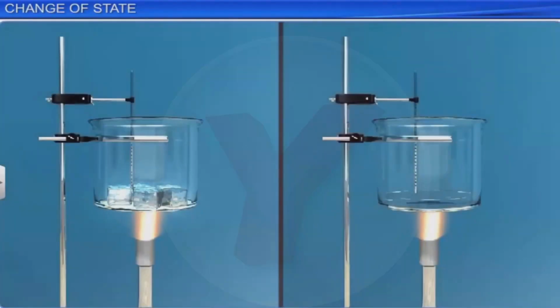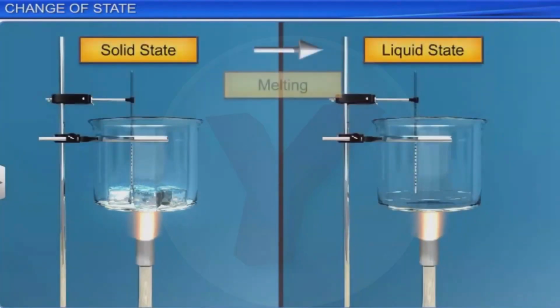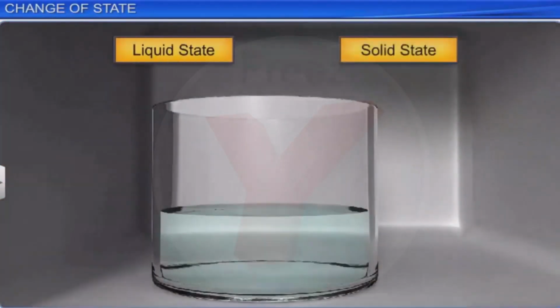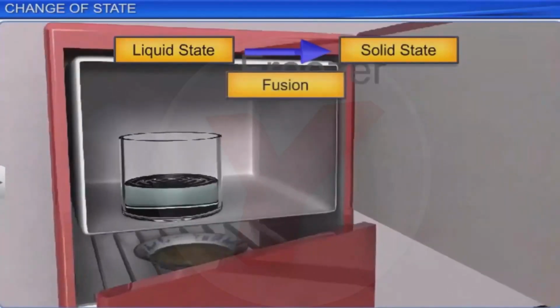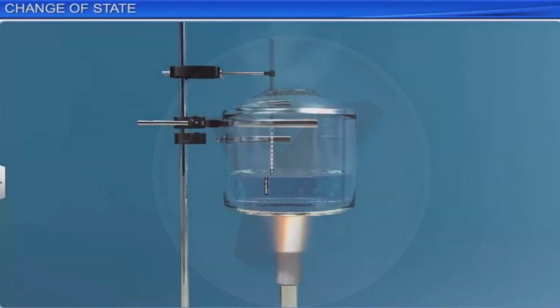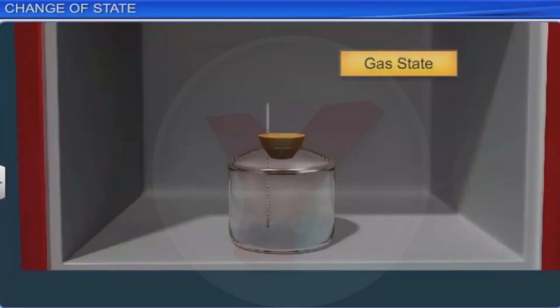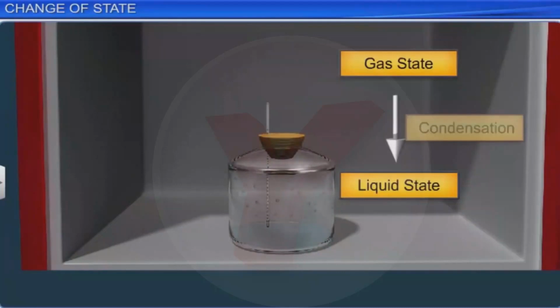The change of state from solid to liquid is called melting, and from liquid to solid, it is called fusion. A change of state from liquid to gas is called boiling or vaporization, and from gas to liquid is called condensation.